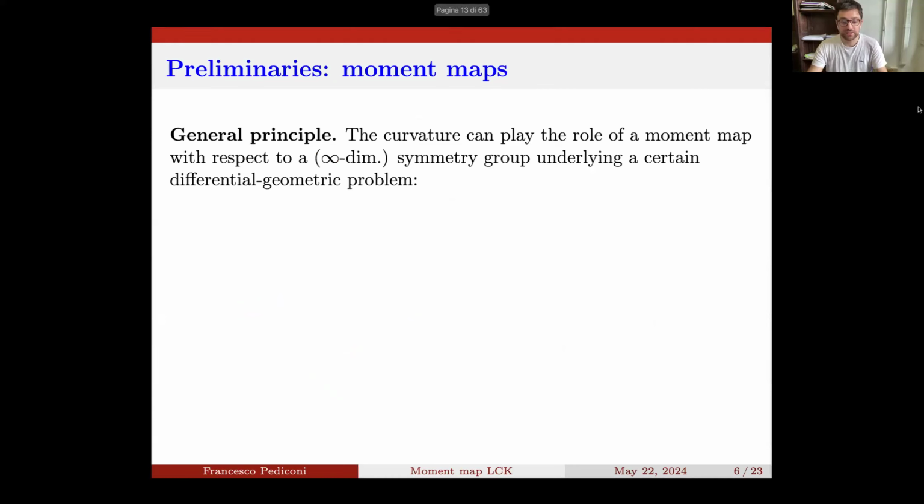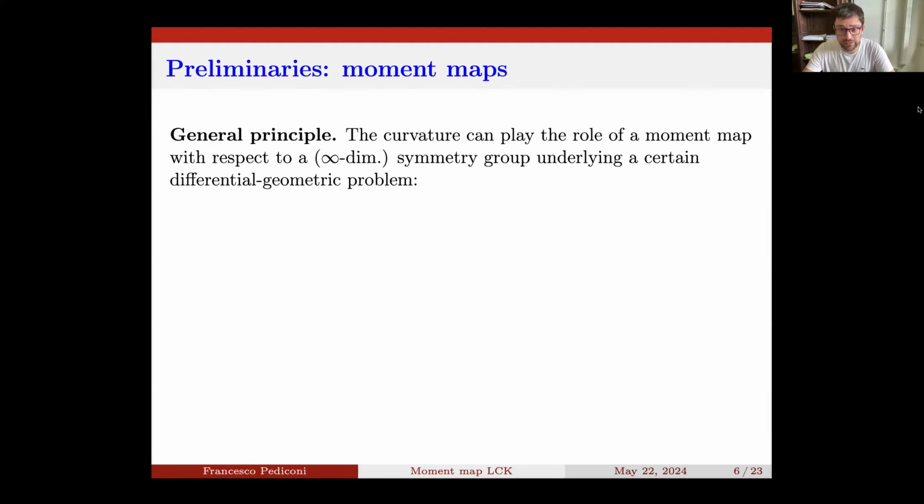Actually, in this talk, we are not really interested in geometric invariant theory by itself, but rather in the usage that we can make of geometric invariant theory in differential geometric problems.